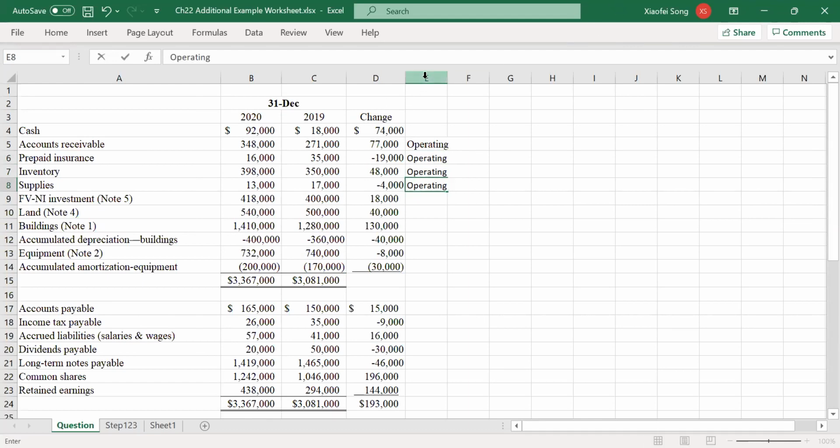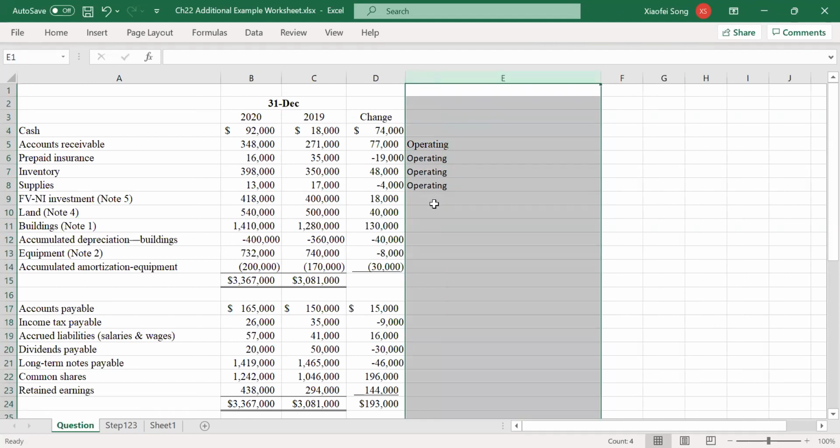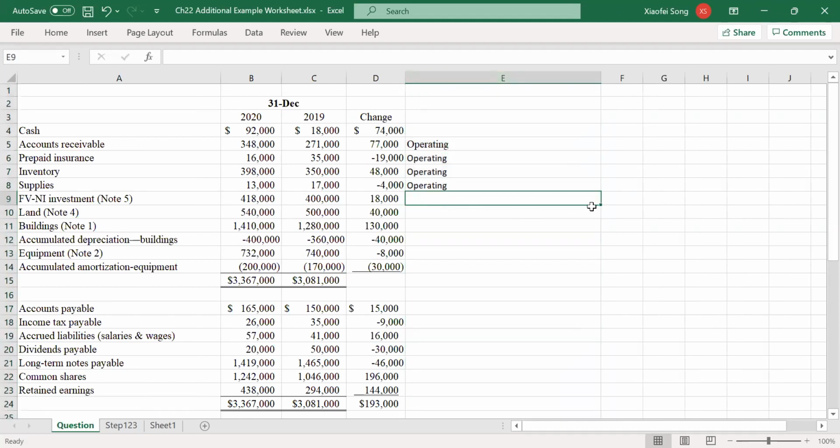Let me put a bit more space here. So now we have a first item. There are many items that are complex. If you look at the Soci example, there are many.